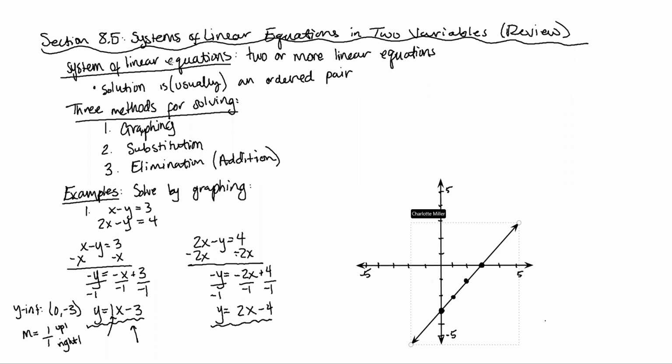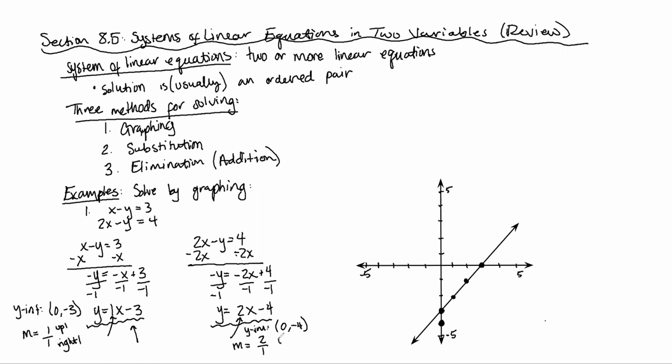Let's go ahead and look at our other line here now. So our y-intercept here, again, is the number at the end, so it's (0, -4). So we're going to start at -4 on the y-axis. And then our slope is 2, this 2 in the front. So our slope, or m, is 2 over 1.